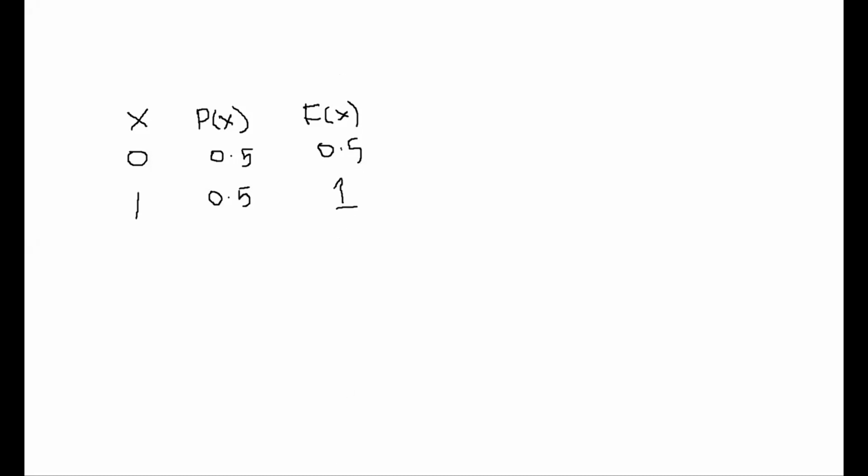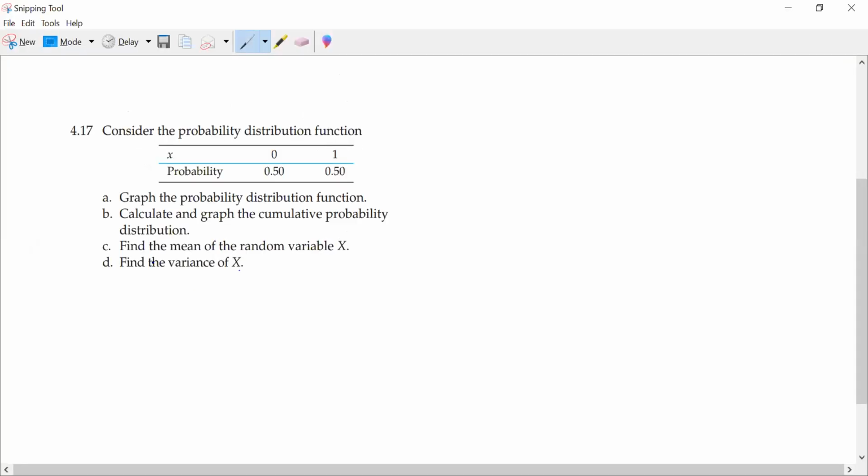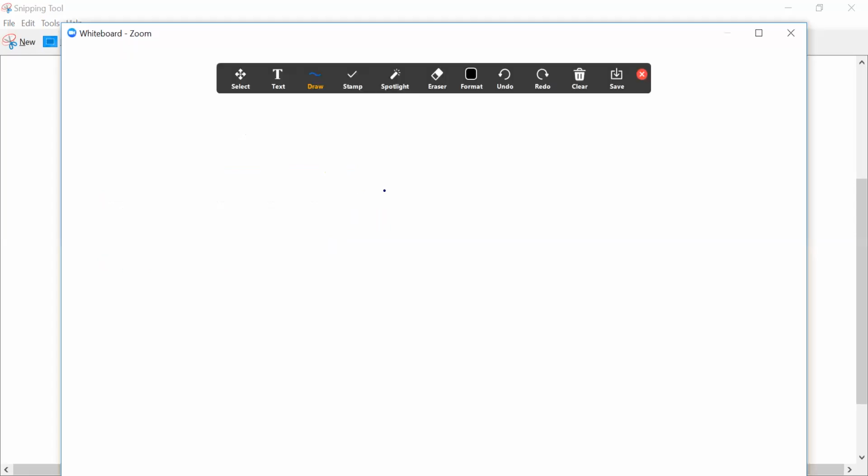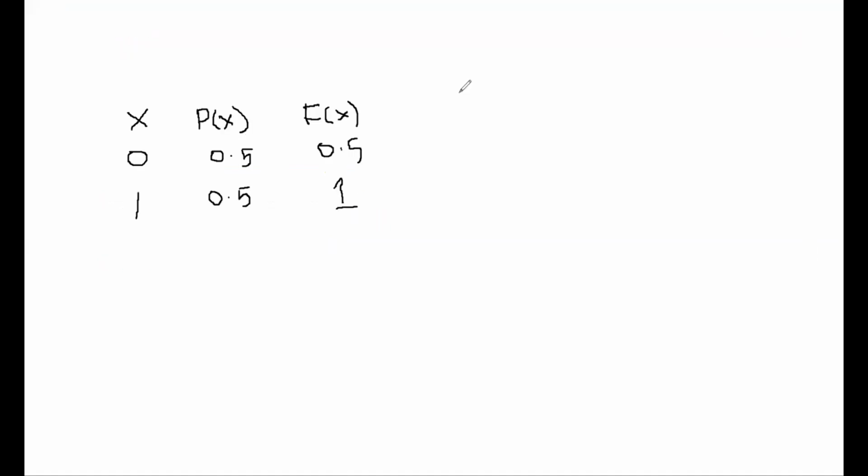Let's go back to the question again. It said calculate and graph the cumulative probability distribution. So the probability distribution we had f of x there, but we didn't graph it. So we will graph it now. I will do it very shortly.